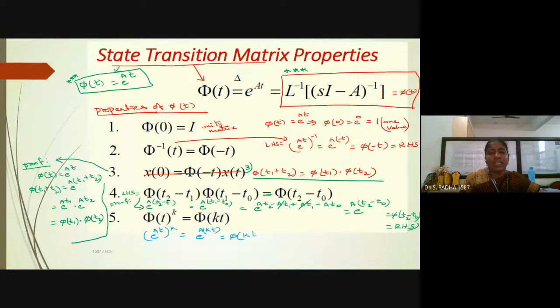I started with LHS, because on the top I have a formula: wherever phi of t is there, I can write e power at. I slowly modified it and got the RHS, which means this one. So like that, these are the five properties.